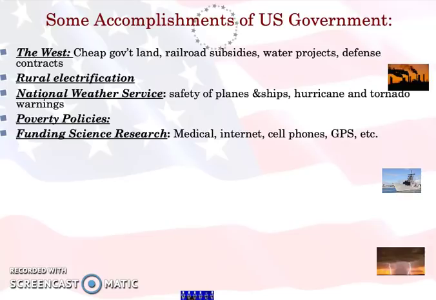Funding science research, medical, internet, cell phones, GPS, etc. Much of this is due to the government giving money to researchers in order to promote the common defense or the common welfare. So medical, obviously important, internet, cell phones, GPS. Now, a lot of these come from military.